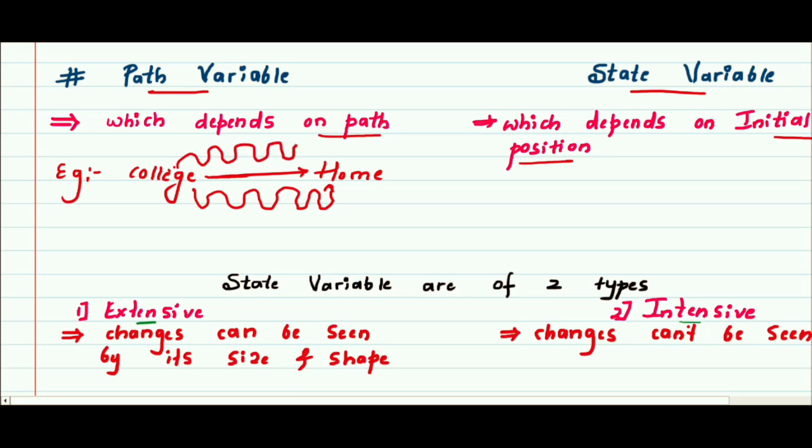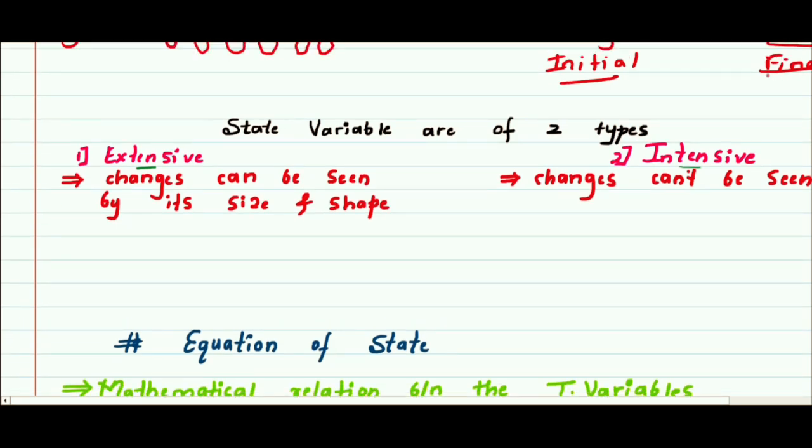So in a path variable, the path matters, whereas in a state variable only the initial and final positions matter. Whether the initial position is college and the final position is home, only the initial and final places matter, not the path you have taken, whether the long route or the short route. It won't matter in the state variable.